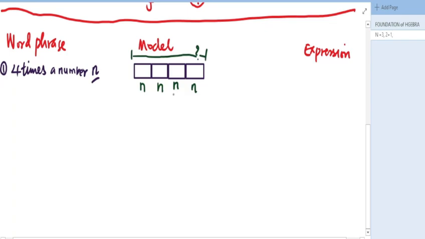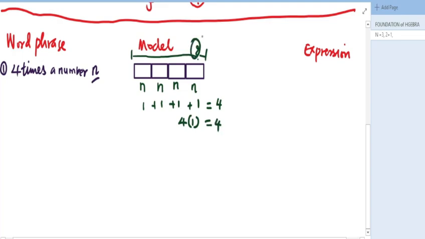So once we know the value of n, say for example, if we pick 1 as the value of n, then we're going to have 1 plus 1 plus 1 plus 1, and I'll have what? That's 4. It's the same thing as saying, if n is 1, we can just say 4 times 1, and we have what? 4. Still the same thing.